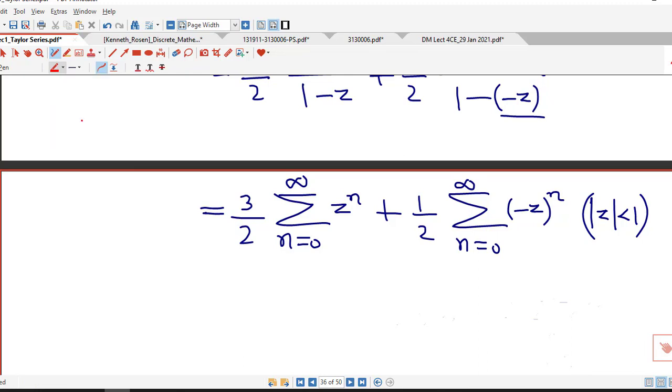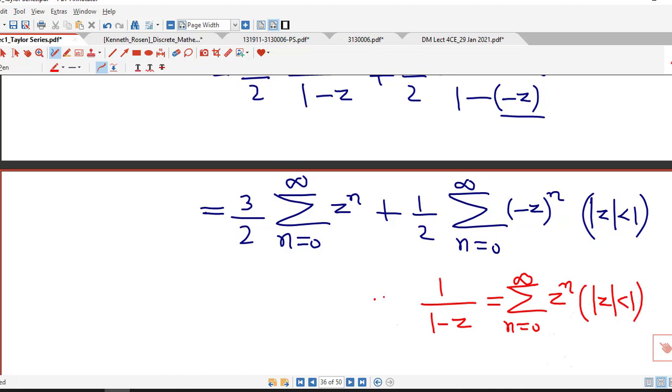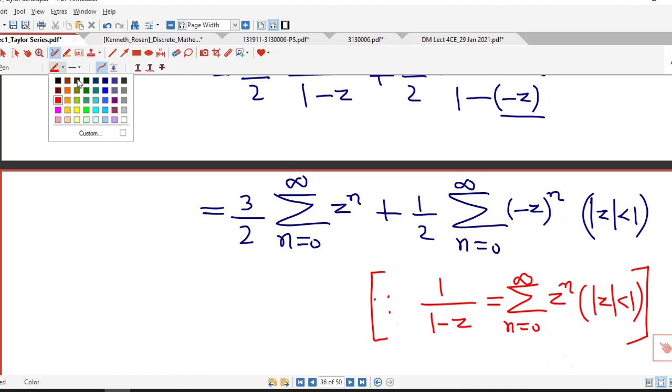And of course we are using a standard Maclaurin series expansion, so we have to mention in the bracket whatever result we are using. So we are using the Maclaurin series expansion of 1 over (1 minus z).